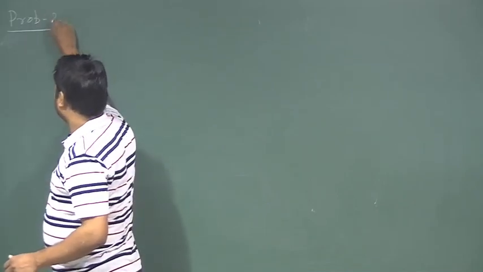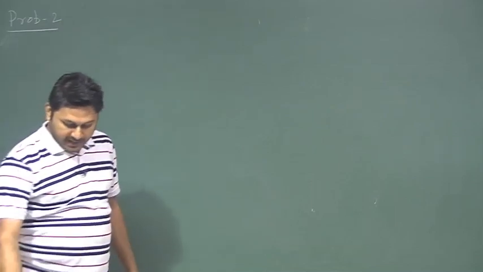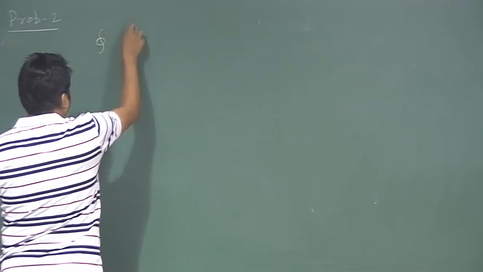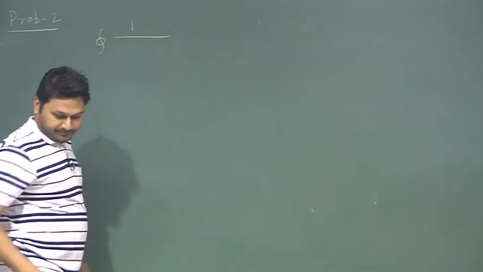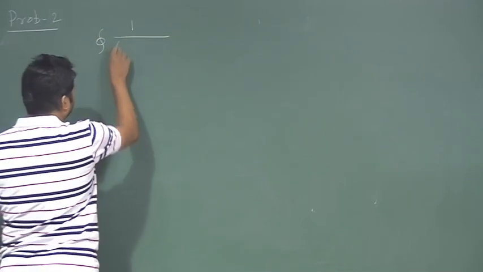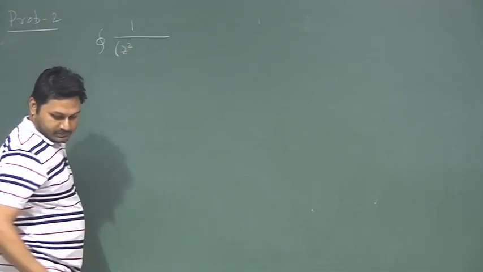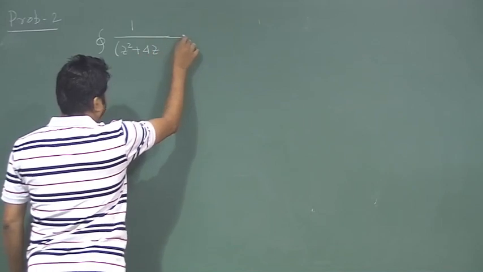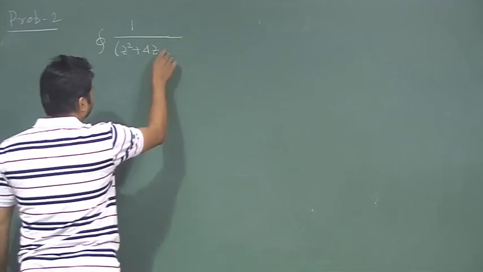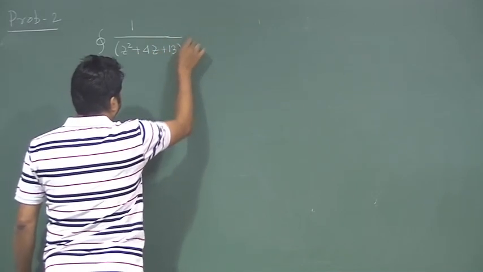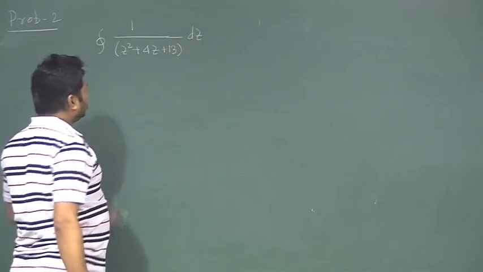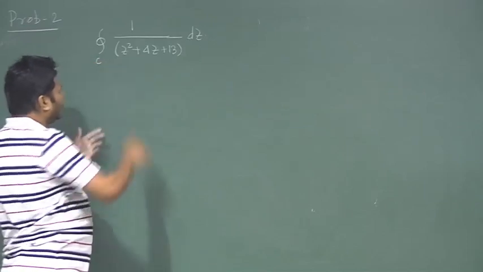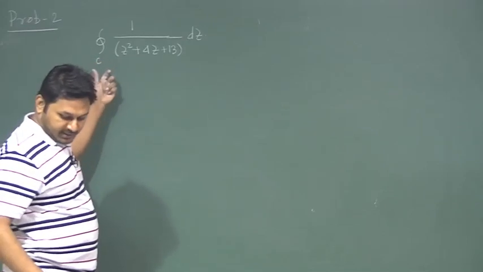In problem 2 we have something like this. It is given as 1 divided by z squared plus 4z plus 13. This is the expression I have in my hand, but I need to mention also what the region is.